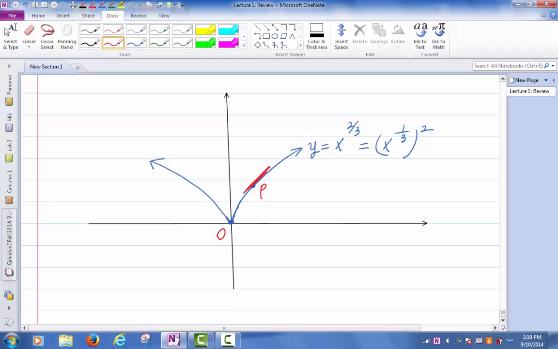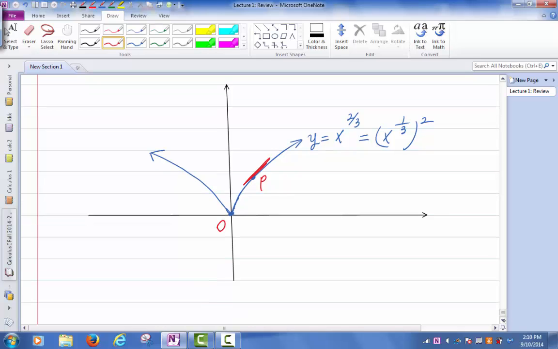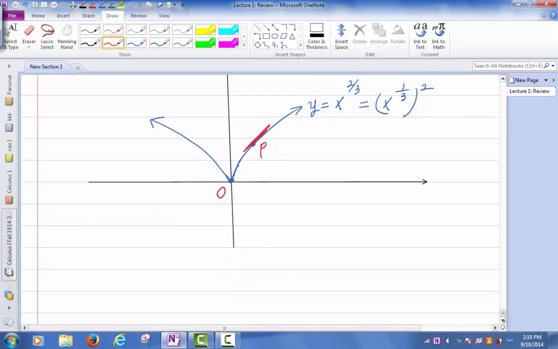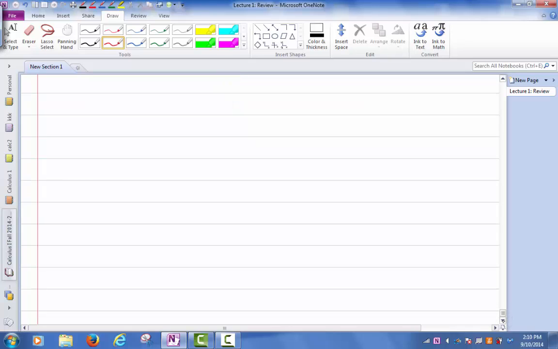As you move toward the origin, the red tangent line will become vertical. Is that making sense? Those are some things that you want to remember later. I'm going to come back to these examples and use them for some other purpose.